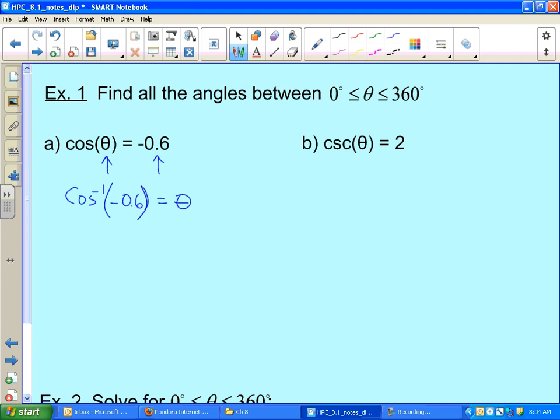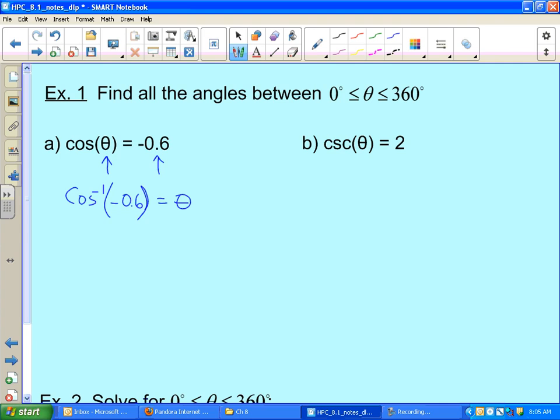So if we were to do this on the calculator, it'd be making sure our calculator is in the proper mode. Want to be in degree mode. You would do the inverse cosine of negative 0.6.